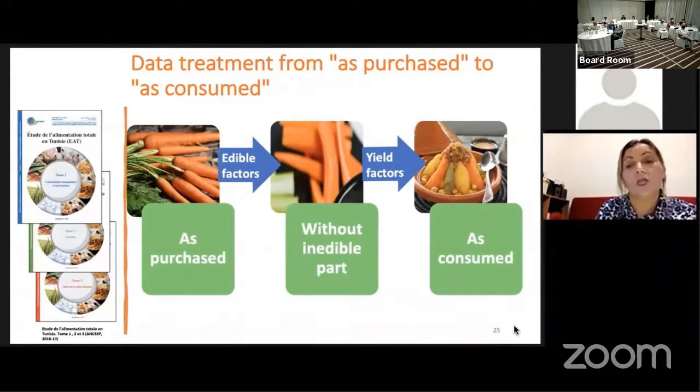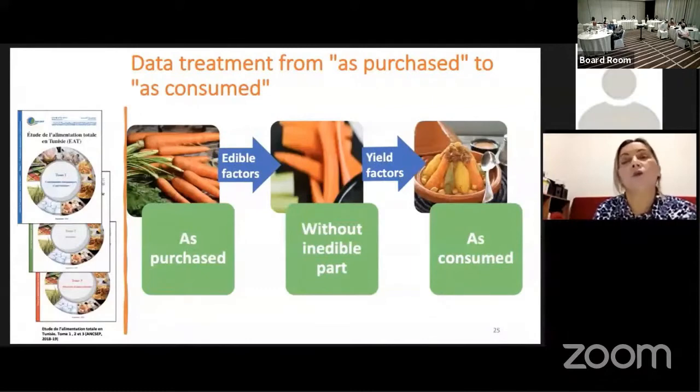for this food. The second step of this transformation was the conversion from food quantity as prepared without the inedible part to food quantities as consumed. For this conversion, we used yield factors. In this case, we have no national yield factor, and we refer to international tables that present yield factors for different kinds of cooking methods.